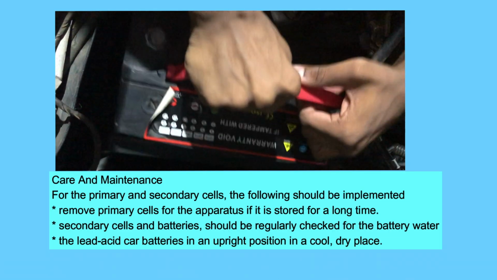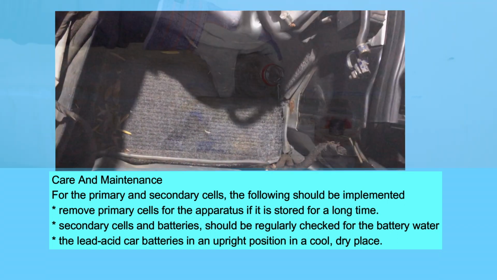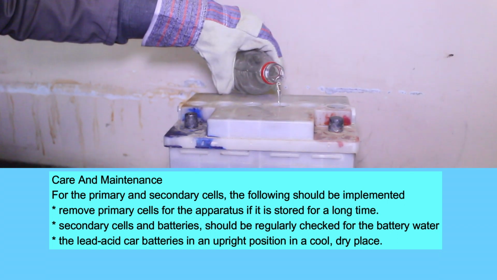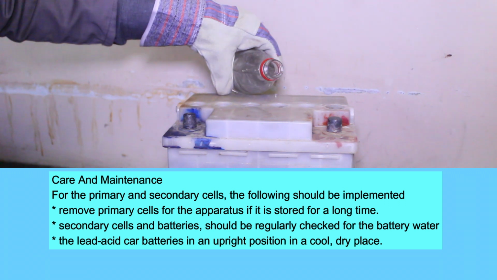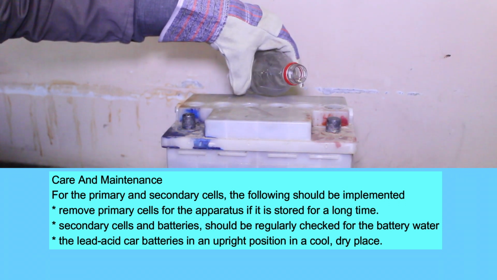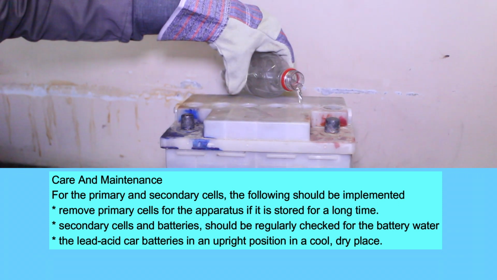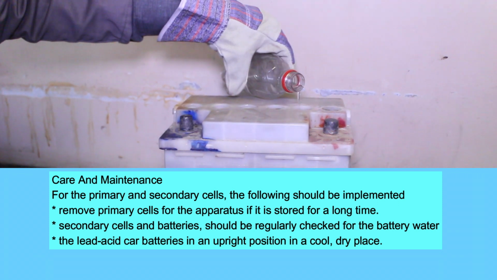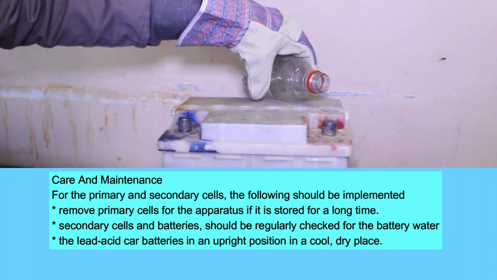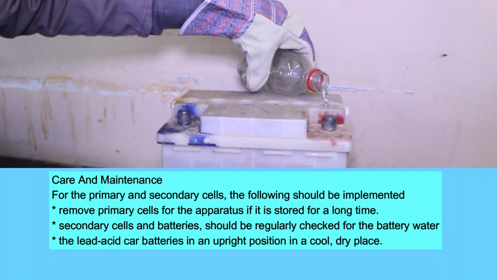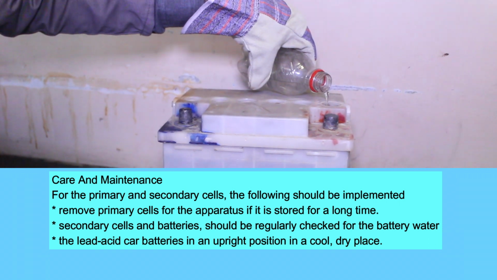For the primary and secondary cells, the following should be implemented. Remove primary cells from the apparatus if it is stored for a long time. Secondary cells and batteries should be regularly checked for the battery water.